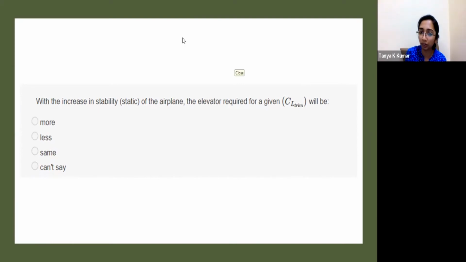So how did you come to the unchanged conclusion? Okay, so it works that way. If with deflection of elevator there is no change in the stability, it doesn't mean that we will have to use the same delta E to trim the aircraft at the same CL, right?